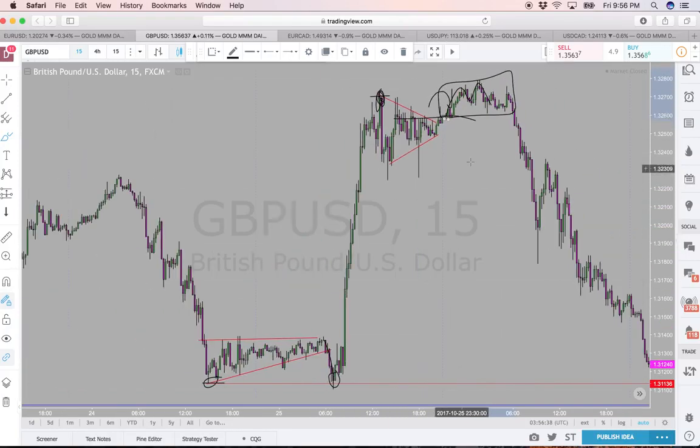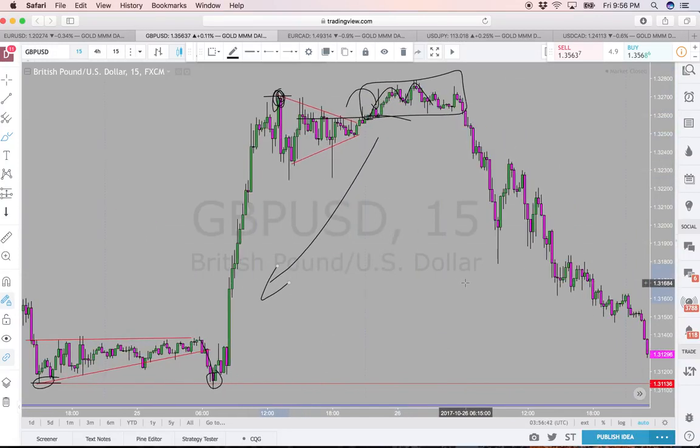So the exact same thing that happened here, we're mirroring it. The exact same thing. Just a little bit different. Just a little uglier. Okay, this is a little bit uglier wedge, but it's the same structure. We have breakout to the high of the previous day. And it's also somewhat a 1, 2, 3, a triple top.